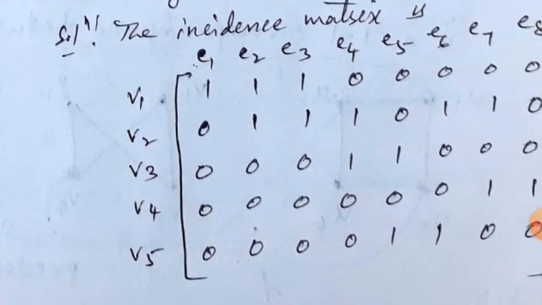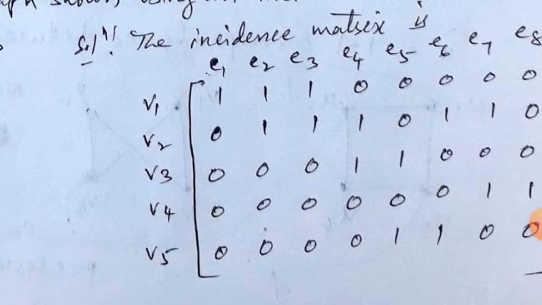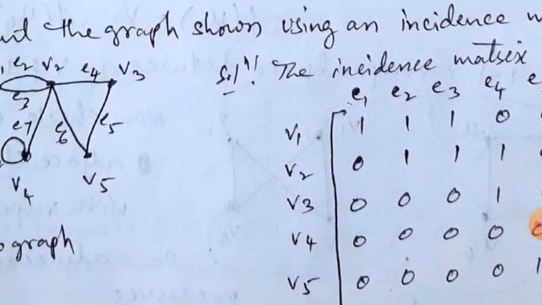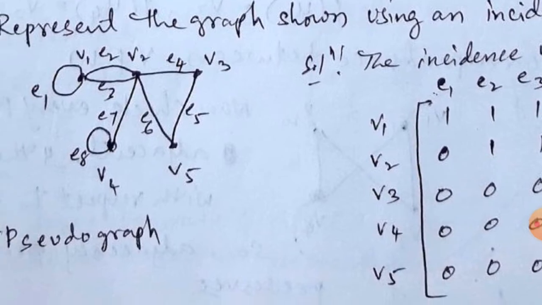Now observe, V1 E1 is 1. That means E1 is incident on V1. That means there is an edge E1 on V1.